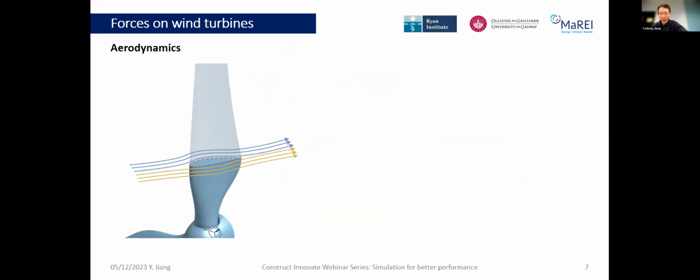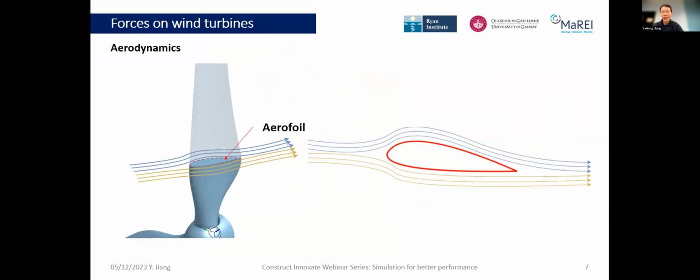So let's take a look at the cross-section of a blade. The cross-section is an aerofoil, which is similar to the wing of an aircraft. The airflow is split by the foil, and benefits from the aerodynamic shape.